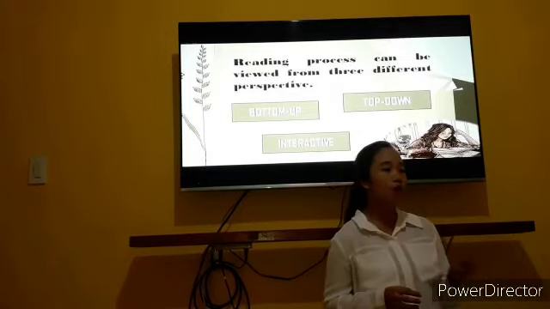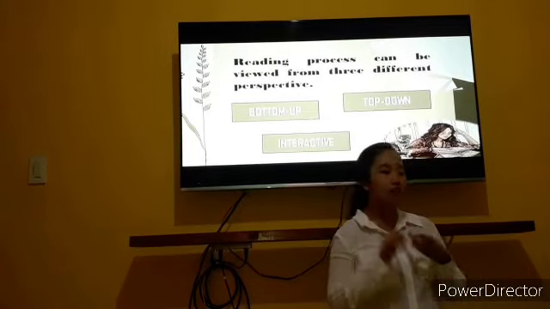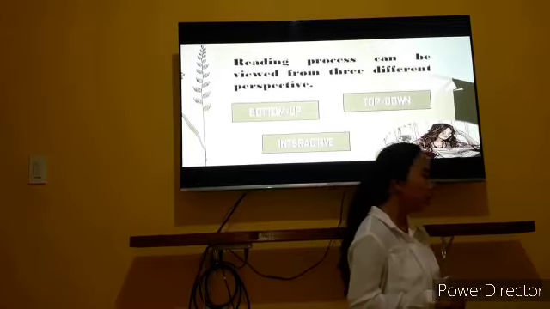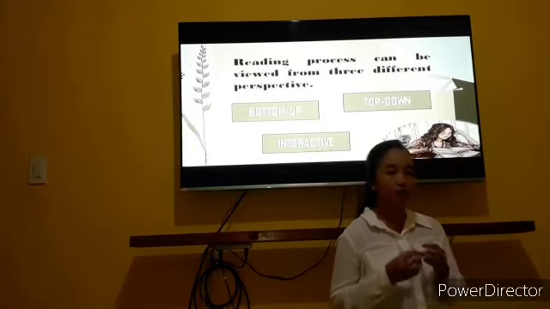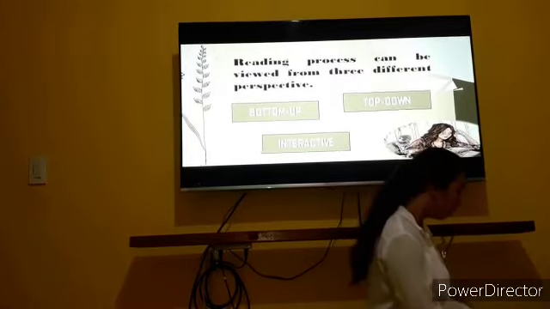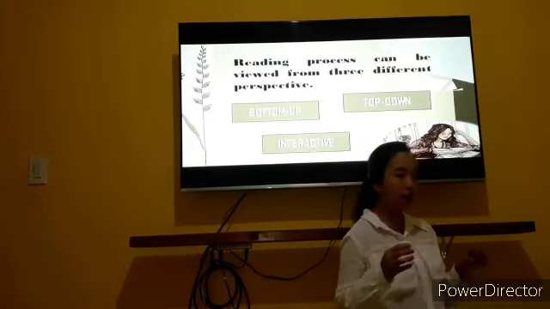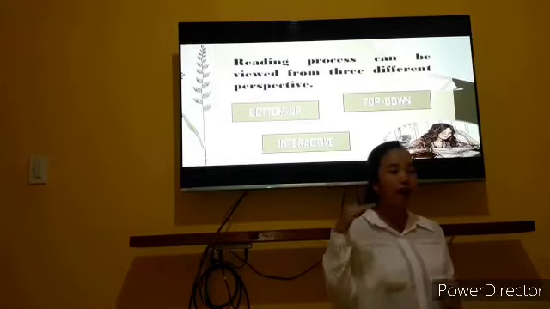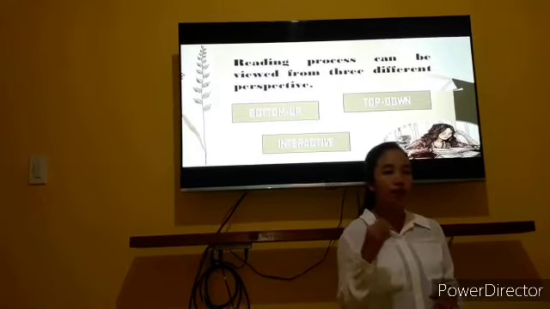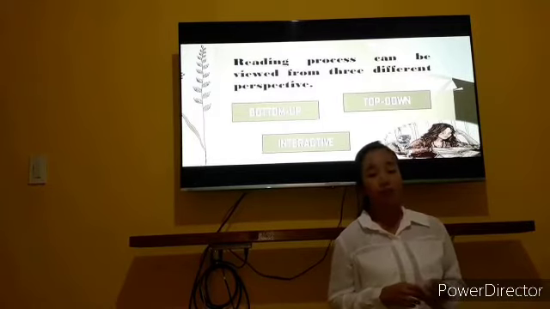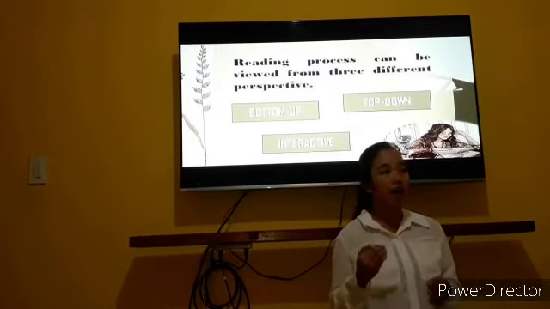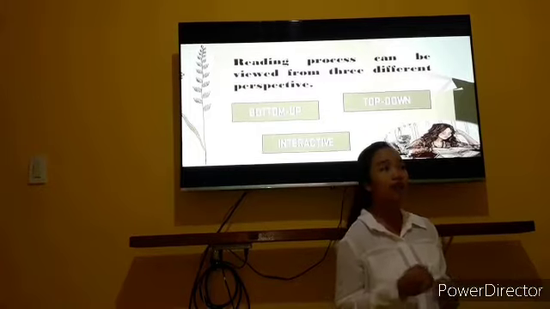Interactive possesses both content-driven and data-driven, where you can send and receive data, and it has an interaction between higher level processes, which are the inferencing and interpretation, and the lower level process, which is the decoding.